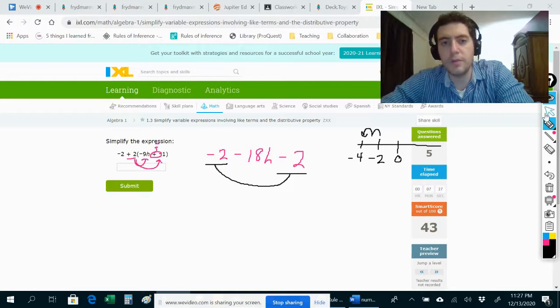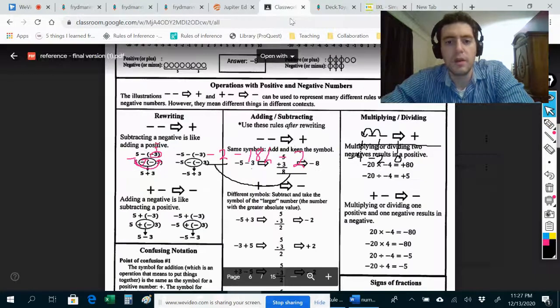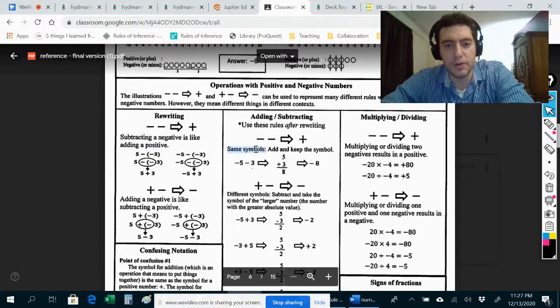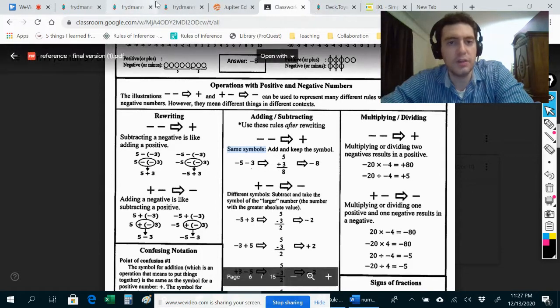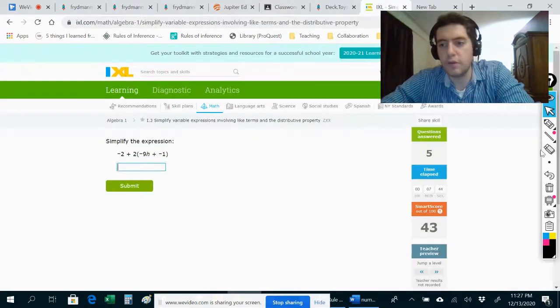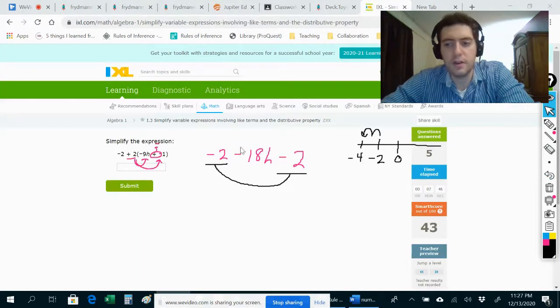Okay, or I can remember the rule over here. If we have the same symbols, so if they're both minus, if minus and negative, then we add and keep the symbol. Okay, so that's really another way that we could have done this over here. If these symbols are the same, then we can add and keep the symbol.